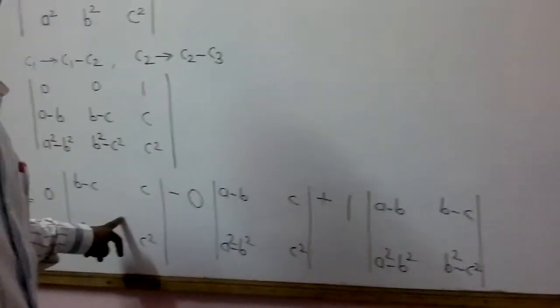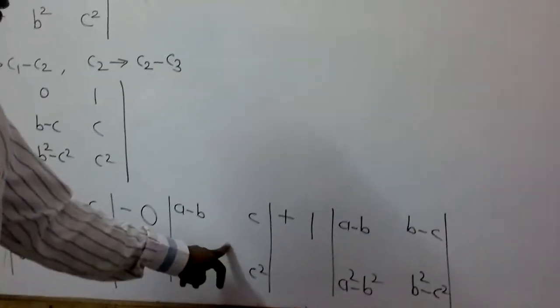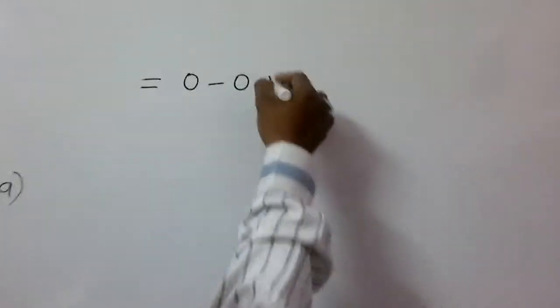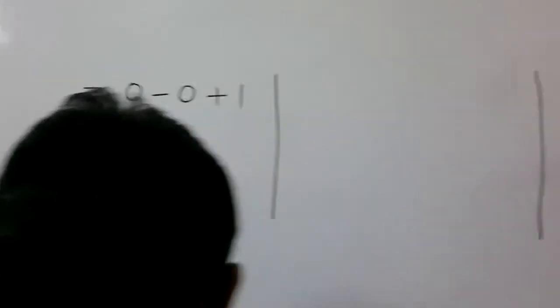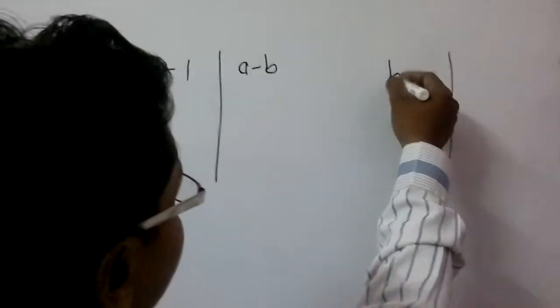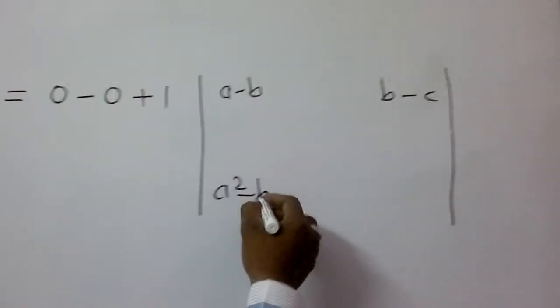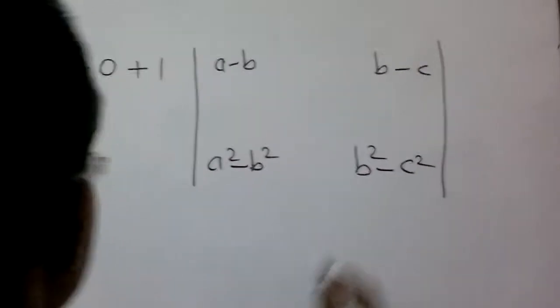Now solving this value, 0 into the determinant equals 0, 0 into this determinant equals 0, and we have to solve the last value, that is 0 minus 0 plus 1 into the value of this determinant, a minus b, b minus c, a square minus b square, b square minus c square.